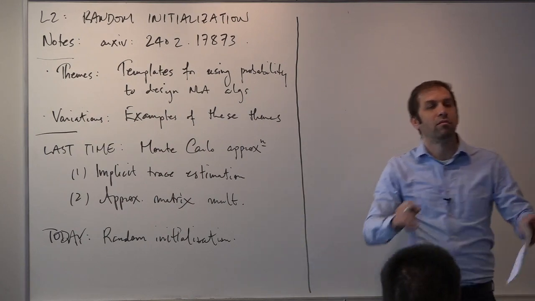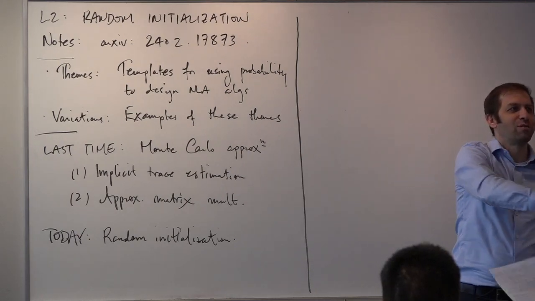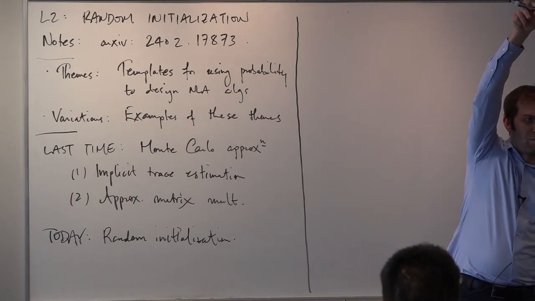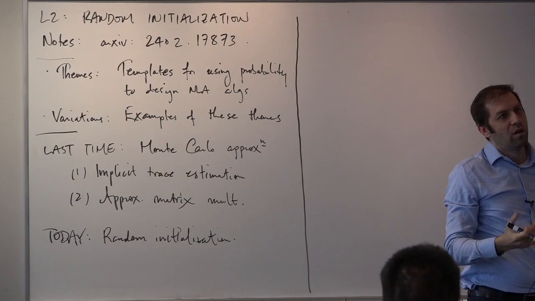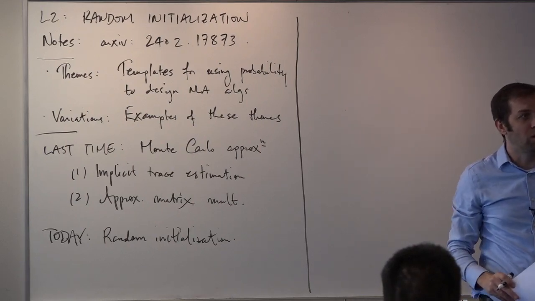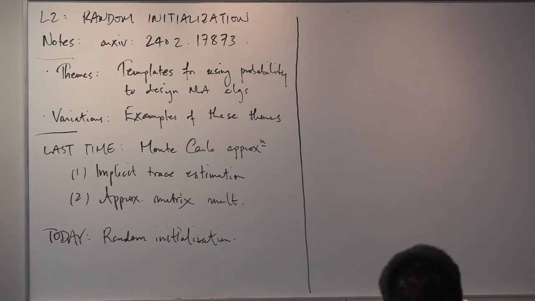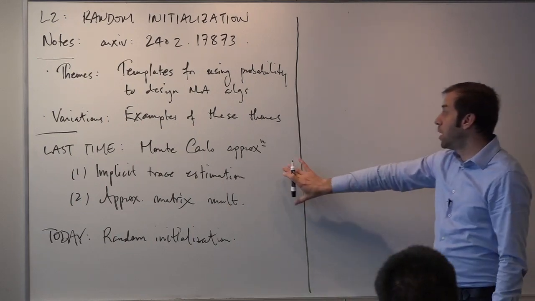And we saw that if you're multiplying a very fat matrix by a very tall matrix, the cost of approximating this product actually doesn't depend on the inner dimension. You can always approximate it accurately, even if the inner dimension is like a trillion, with a number of products that only depends on the outer dimension, the little one. Okay, great. So those are two examples of Monte Carlo approximation.